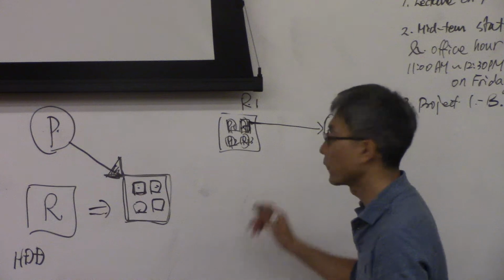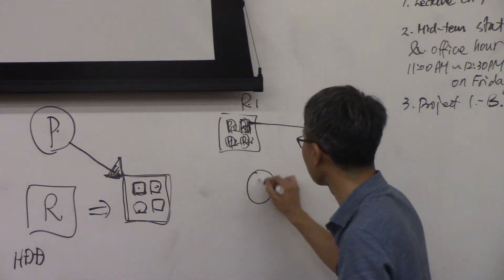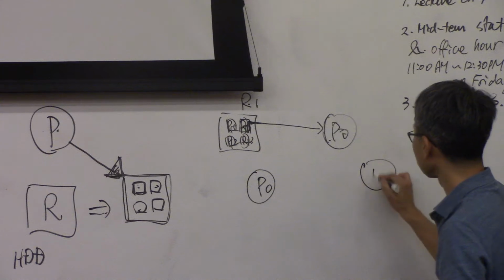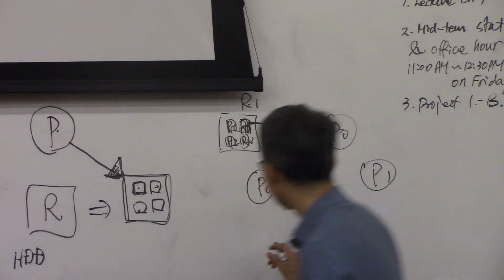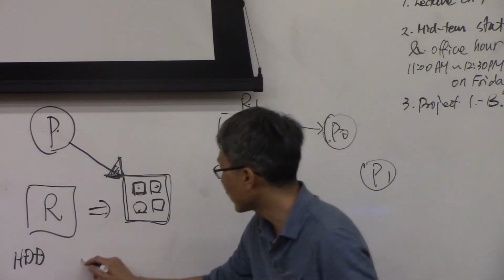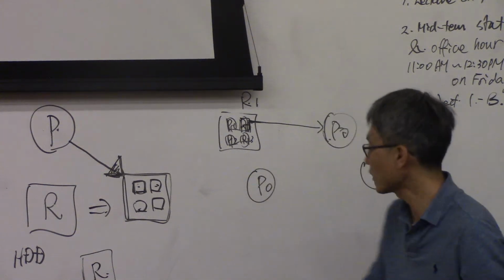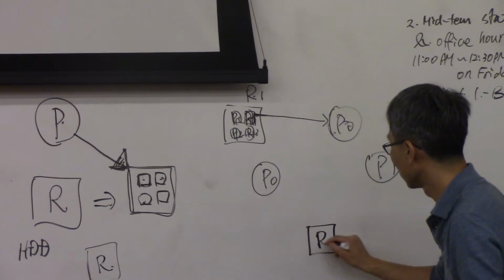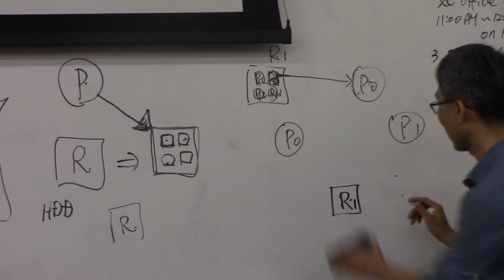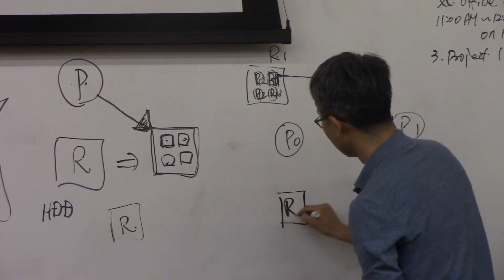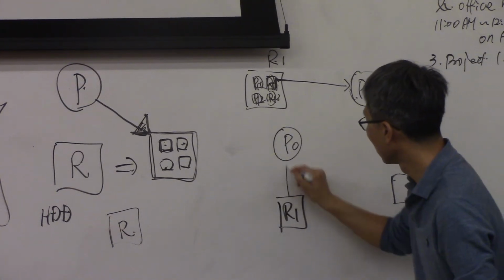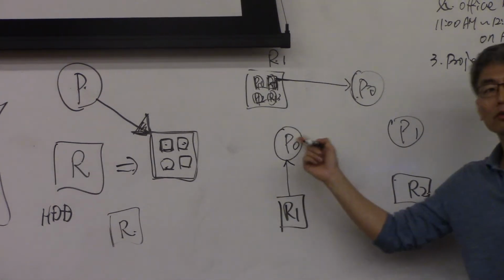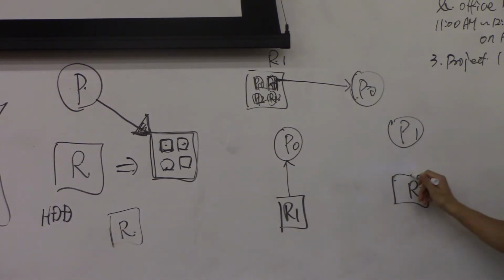So for example, if you have multiple processes, P0, P1, how can we represent this case? Let's say there is a resource with one single instance, R1, and there is another one, R2. R1 is assigned to P0, and R2 is assigned to P1.